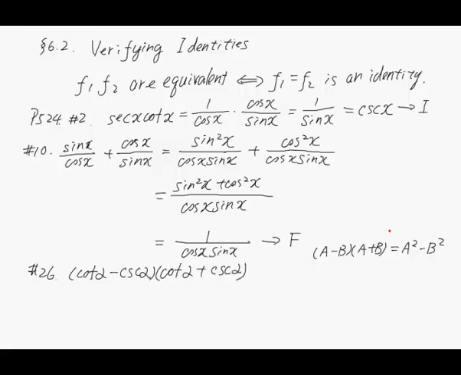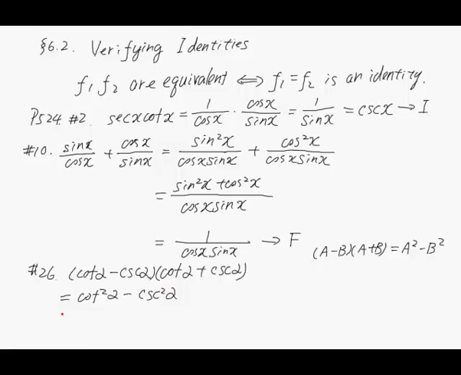In this product, your a is the cotangent and your b is the cosecant. So a minus b times a plus b gives you a squared, cotangent square alpha, and then minus b squared, cosecant square alpha.